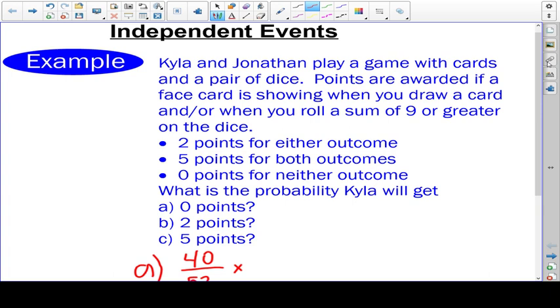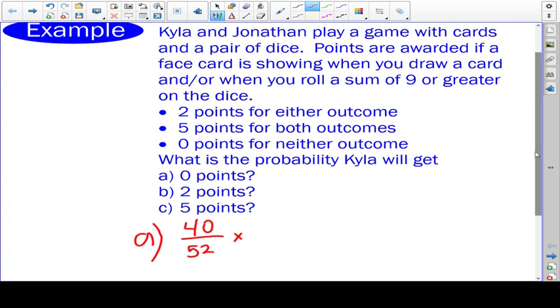Well, first off, how do we figure out sum of 9 or greater? Well, what I would do for that part is make a table. I would look at 1, 2, 3, 4, 5, 6 and 1, 2, 3, 4, 5, 6.